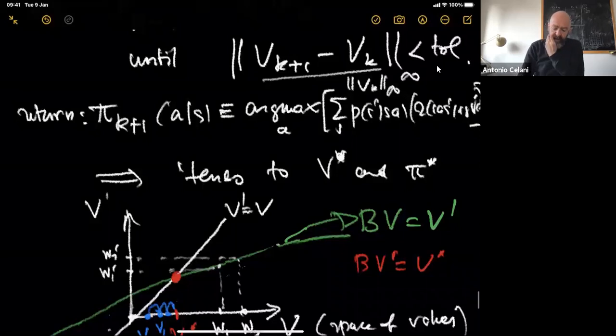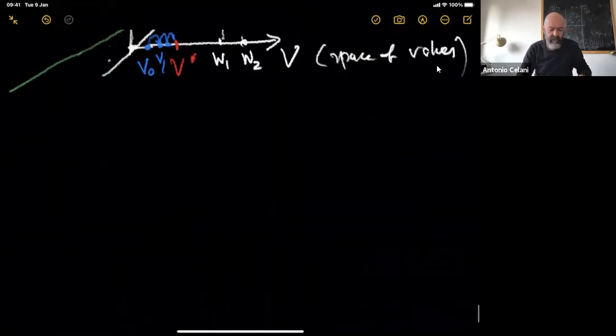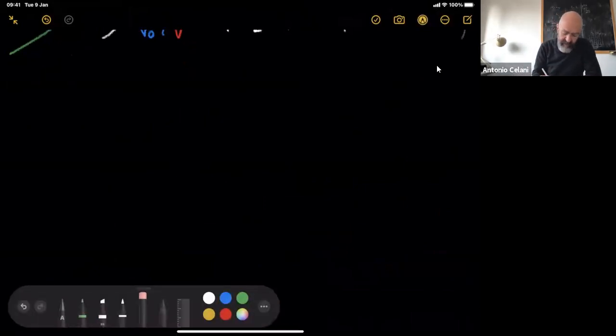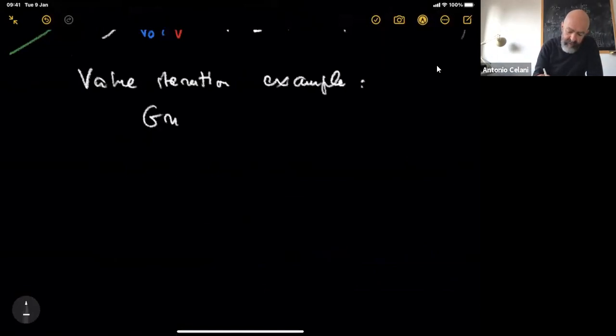Okay. So let's see how this works in a concrete example, which, I hope, will be somehow enlightening. Value iteration example. We're going to do this for grid world.